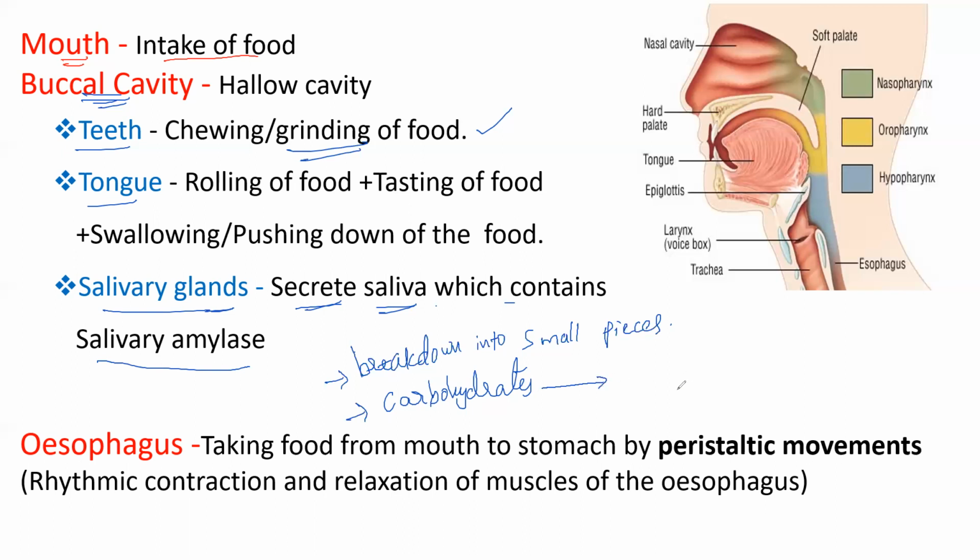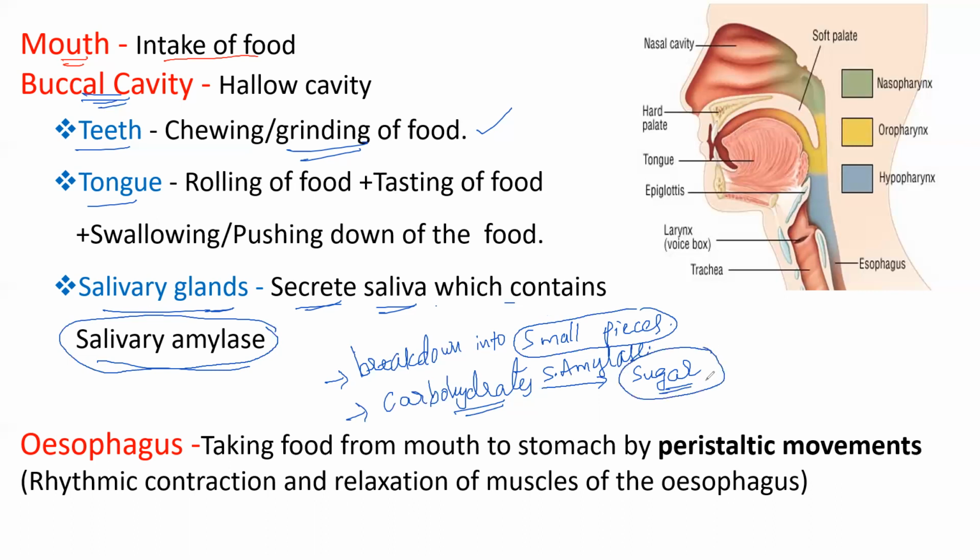Carbohydrates will convert into sugars in the presence of salivary amylase, one of the enzymes secreted by the salivary glands, which converts carbohydrates into sugars. Now, what changes took place here? Food got converted into small pieces and carbohydrates are converted into sugars.